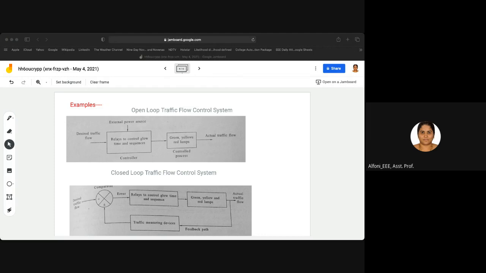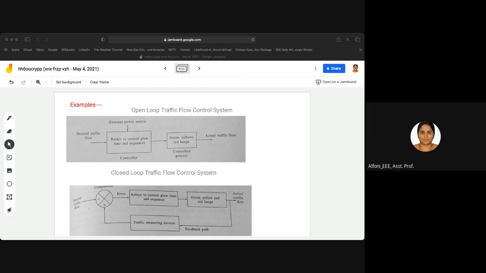The settings start glowing the lamps in a particular sequence with a fixed time interval, thereby making traffic stationary or moving. So the sequence and time durations are not influenced by the actual flow of the traffic. That means the green lamp time can neither be increased when we have more traffic on the road, nor reduced when there is no traffic on the road. So the desired traffic flow control is not affected by the actual traffic on the road.